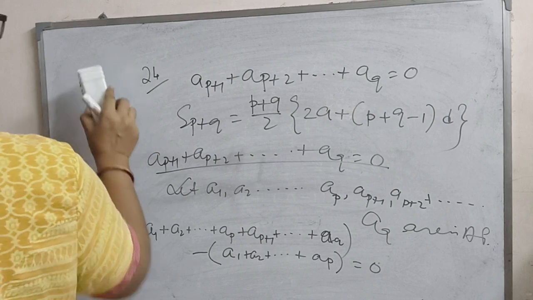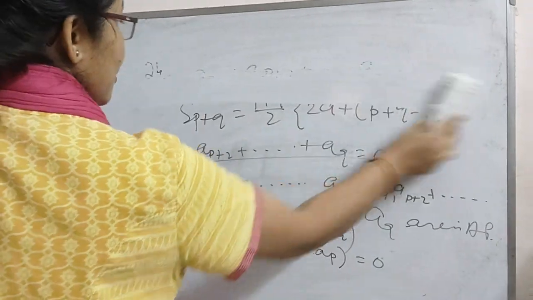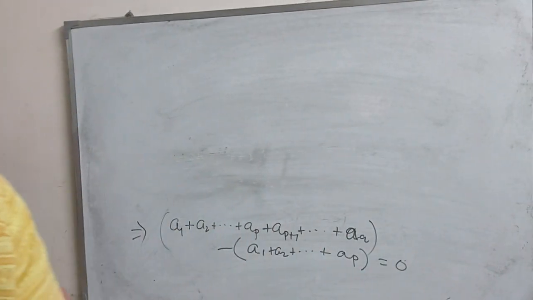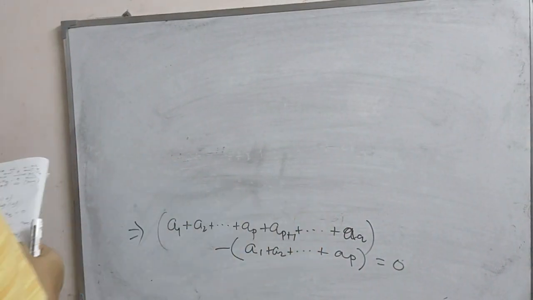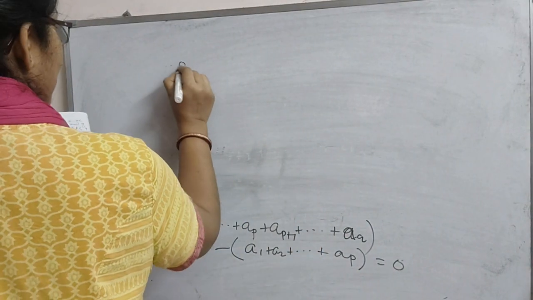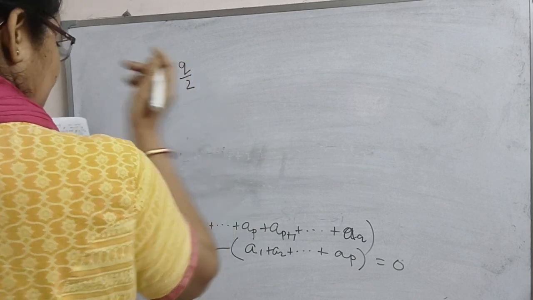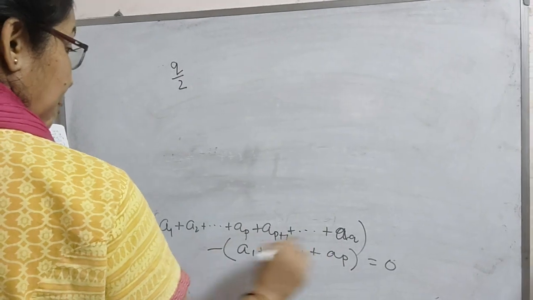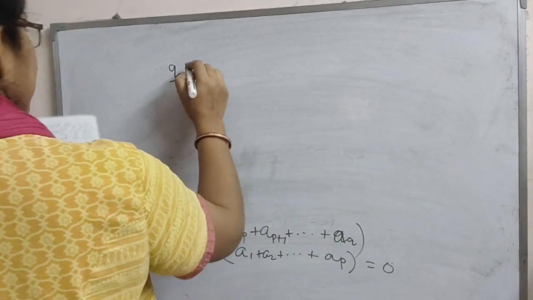So this equals the summation of the first Q terms minus the summation of the first P terms.